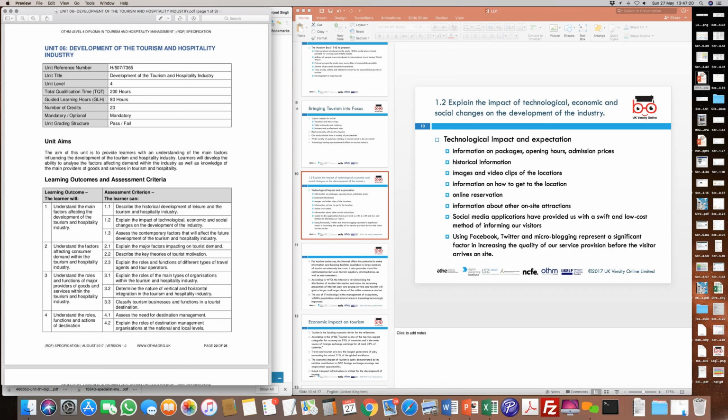So connectivity has made lots of things possible. Different forms of media are now available at a click of a button, and they give you information about things like prices, opening hours, and bookings that you can do. Like I remember in 2002, when I went to Madame Tussauds in London, I couldn't book tickets online.